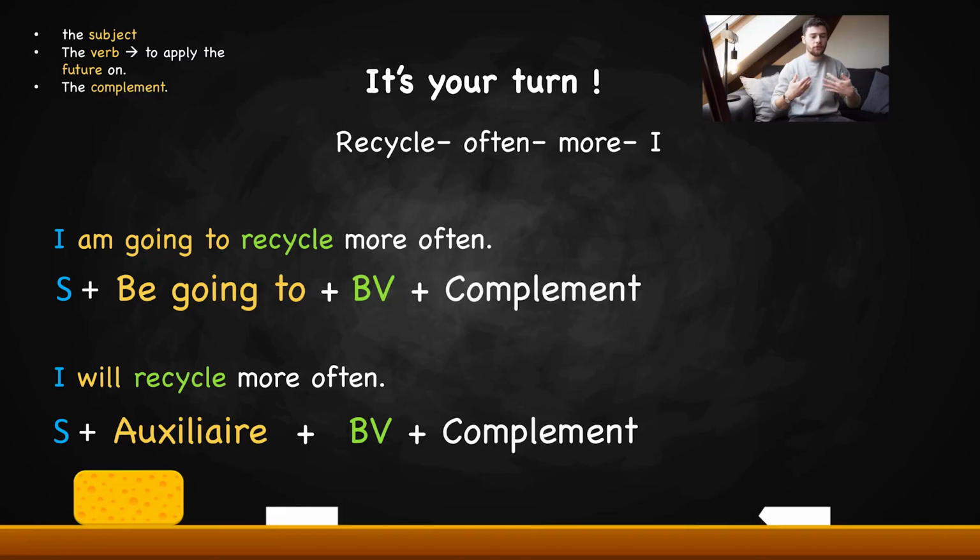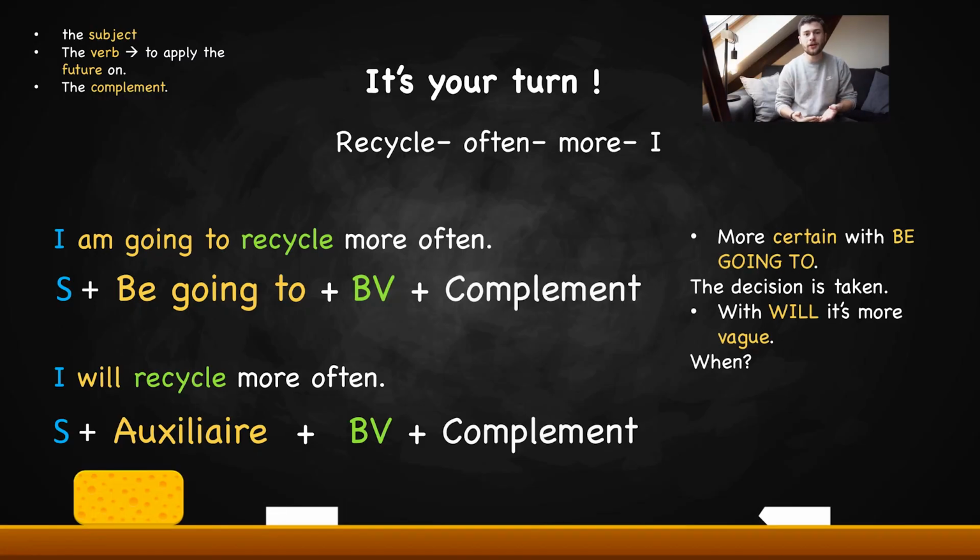It seems that with the first one, using be going to, it seems more certain that the person is going to do it because he has decided that he is going to do it, okay? Whereas with will, it's more vague as to when the person is going to do this. So try and think also to this aspect of certainty, right? But again, it depends on the context.